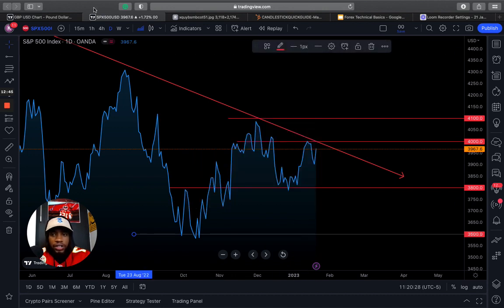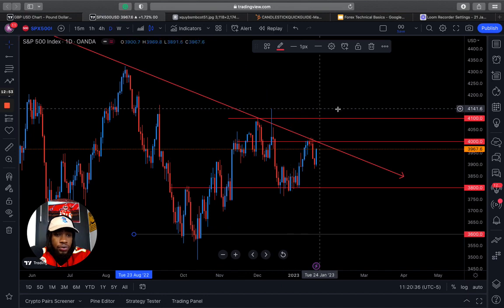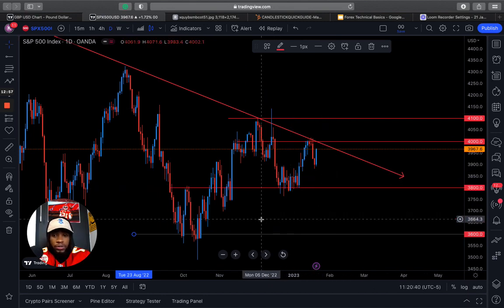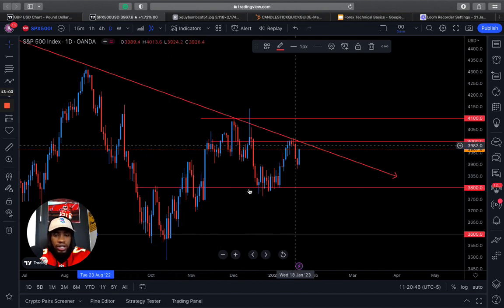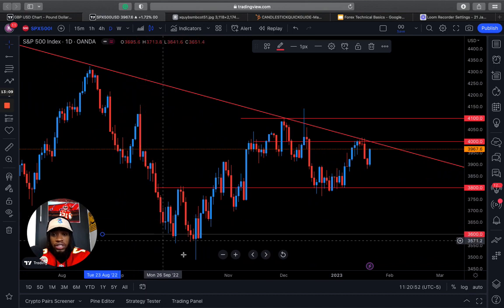All right. Now, one thing I want us to look at is how price is reacting to these quarter point or whole number levels, right? Which is just support and resistance, but look how price is reacting and responding to these levels. We're seeing direct touches on both sides, right? When we look at this 3,600 level, we're seeing two touches. Also, you can say the formation of a double bottom.